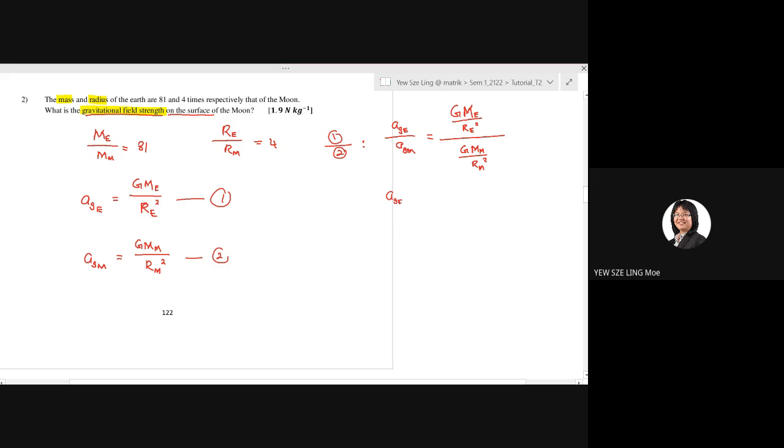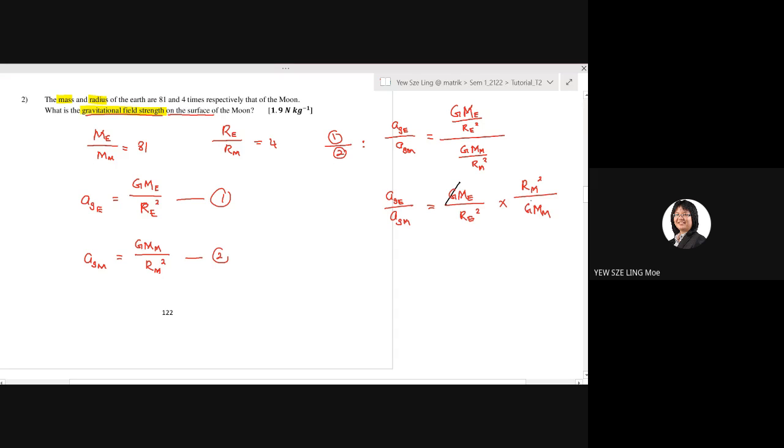I'm going to simplify it first. So AGE over AGM is then equal to G ME over RE squared times RM squared over G MM. Now I'm going to cancel out the G, because it is the same for both equations.